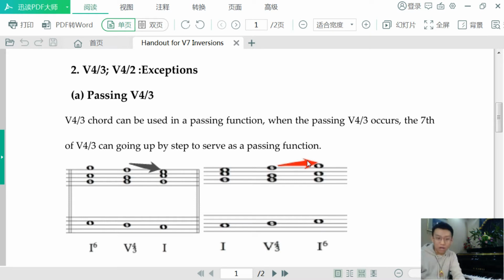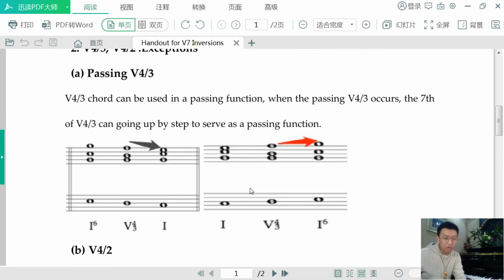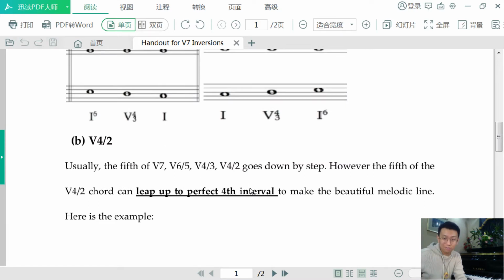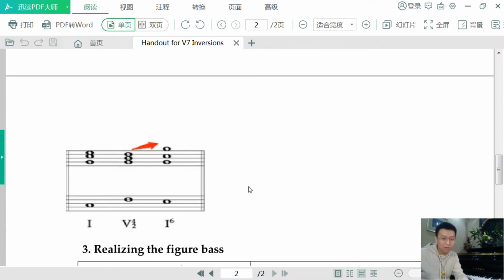So that's okay. And 5-4-2, which always resolves to where? To 1-6. Why? Because with 5-4-2, we need to resolve the 7th. And here is the 5-4-2 to 1-6.